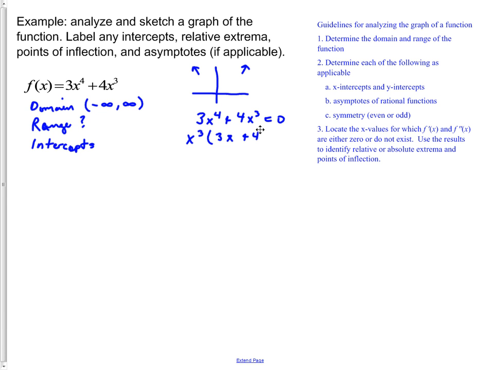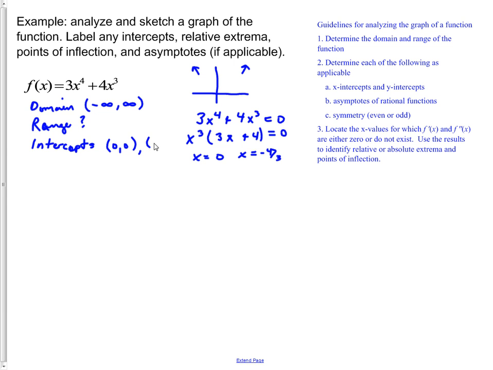And then we set each factor equal to 0, and we'll find that at x equals 0 and x equals negative 4/3, we have our points, our intercepts.